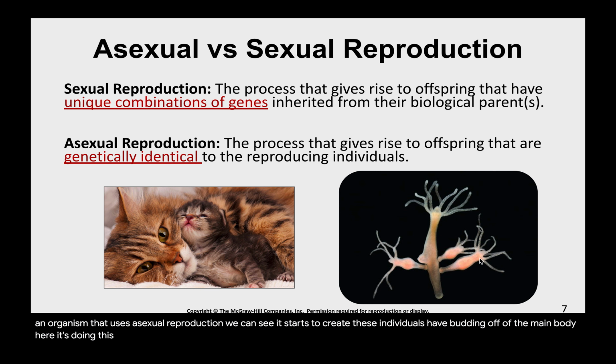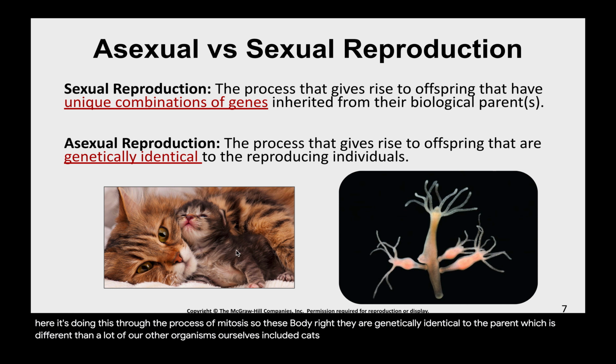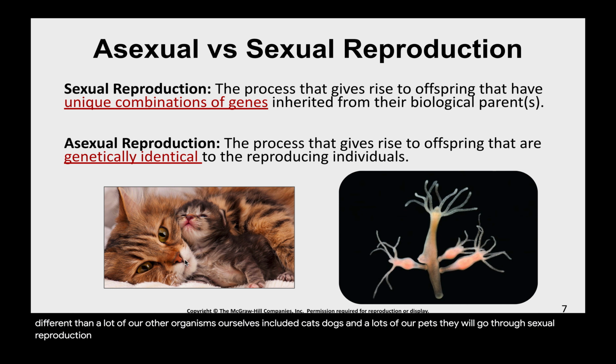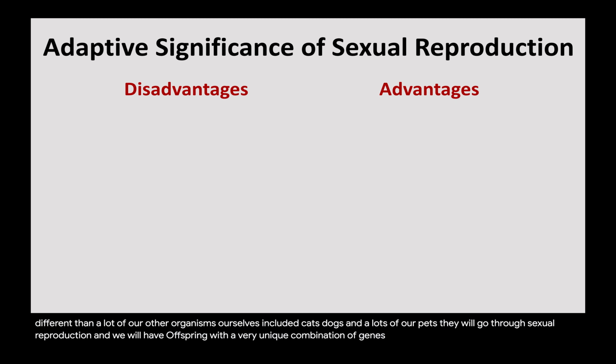It's doing this through the process of mitosis. So these individuals, when they eventually fall off of the main body, are genetically identical to the parent, which is different than a lot of our other organisms, ourselves included, cats, dogs, lots of our pets. They will go through sexual reproduction and we will have offspring with a very unique combination of genes.